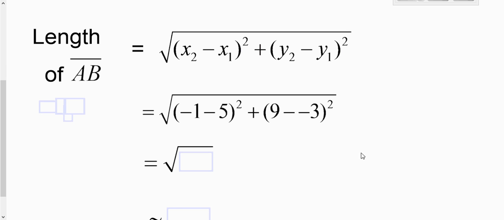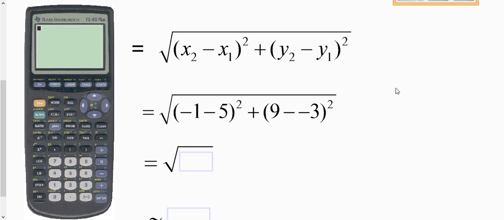Now what I do with my calculator, let me show you that. I like putting all of this stuff inside the square root in parentheses, but not the square root yet. I'm going to get just one number in here. So I start with the parentheses just like it is on paper, not the square root. And then we've got the -1, -5, close the parentheses, and then to the second power.